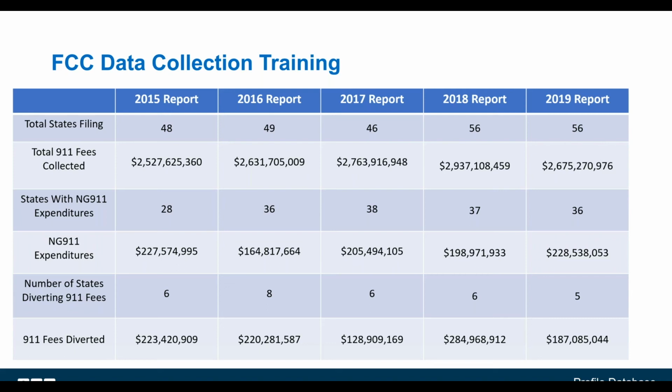Regarding 911 fees diverted, however, we did see a downward turn last year relative to the 2018 report. But historically, this number is fairly consistent with what states have done in the past.